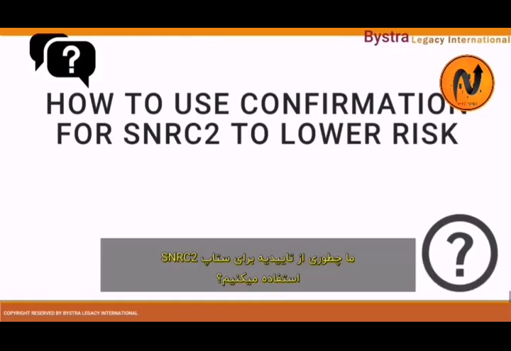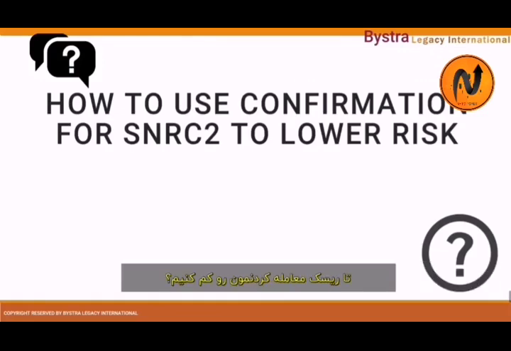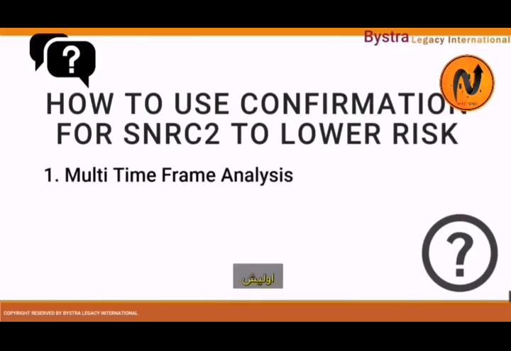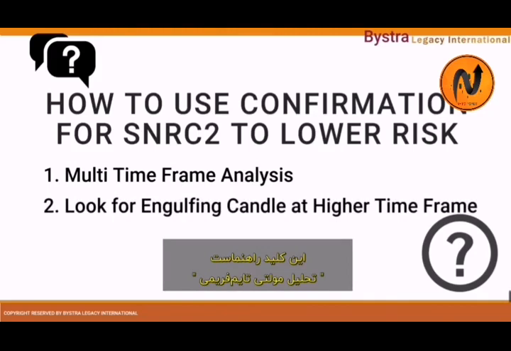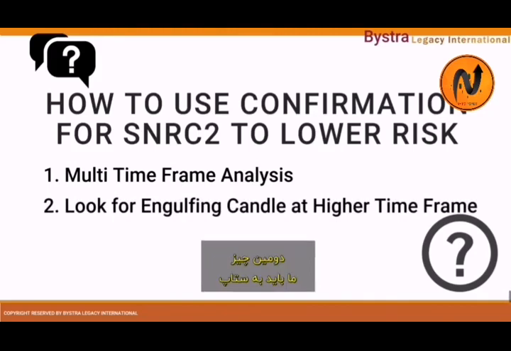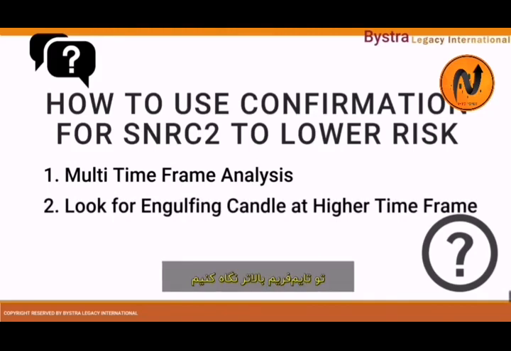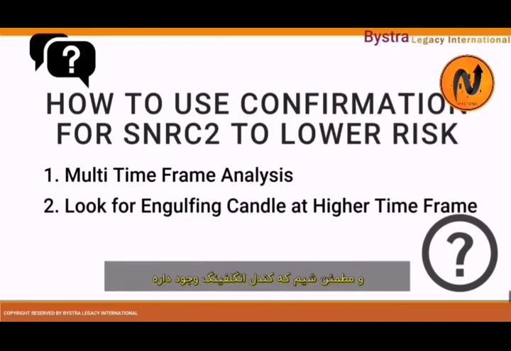So how do we use the confirmation for SNRC2 to lower our risk of trading? First, it's always the multi-time frame analysis. This is the keyword, multi-time frame analysis. Second thing, we must look the setup at the higher time frame and make sure that it is an engulfing candle.